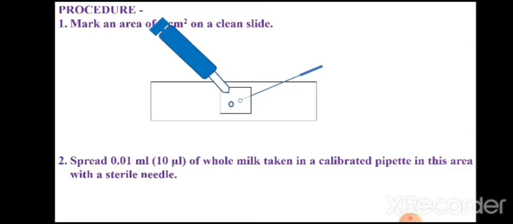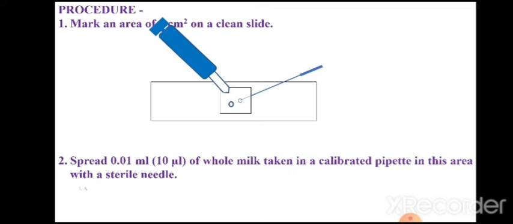Now you see, milk is a nutritionally rich medium. It contains fats, carbohydrates, proteins. These fat globules are generally going to interfere with the counting of bacterial clumps or counting of somatic cells.